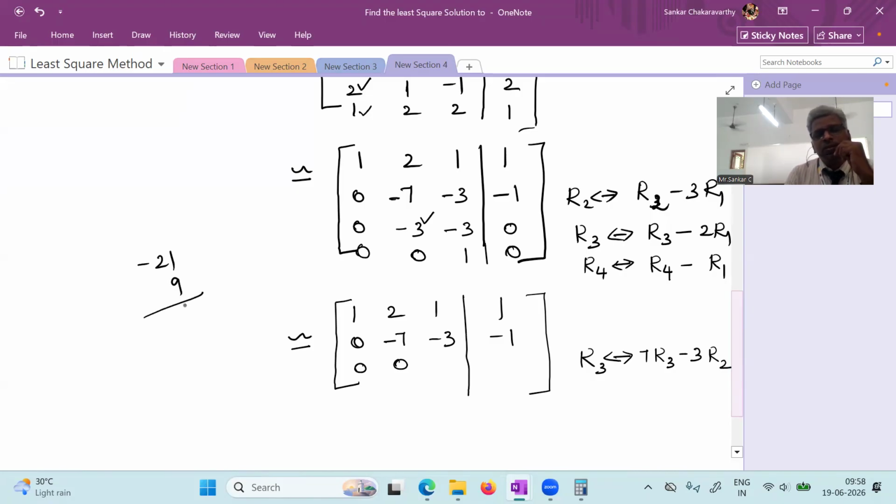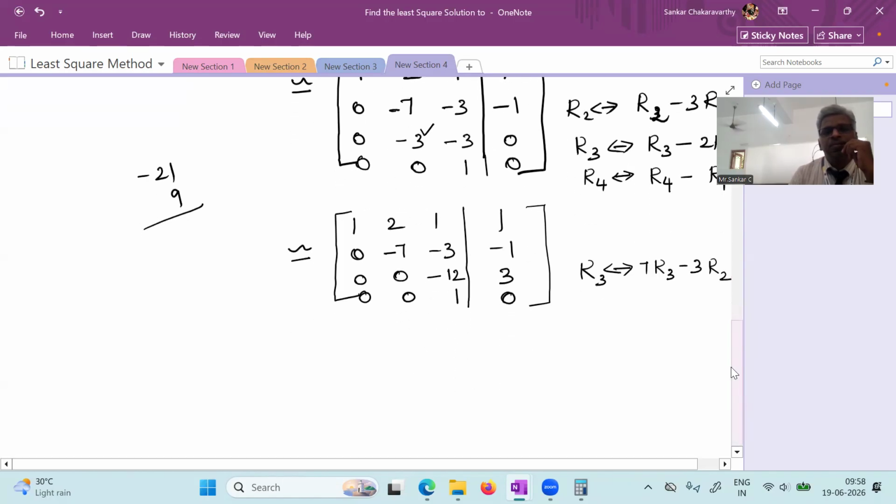It becomes minus 12. And this one, 7 into row 3, therefore it becomes 0, minus into minus plus, therefore 3. And the fourth row is already 0, therefore you don't need to adjust it; you keep it as it is.